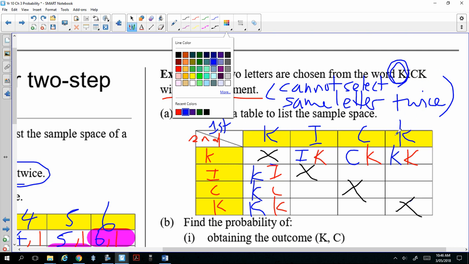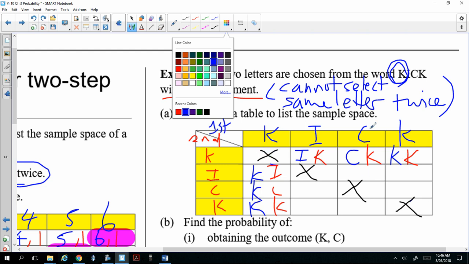See, that blue K is the K from the last letter of the word kick, whereas the red K is from the first letter of the word kick. So this is different from doing this KK. Okay, so we're going to continue.